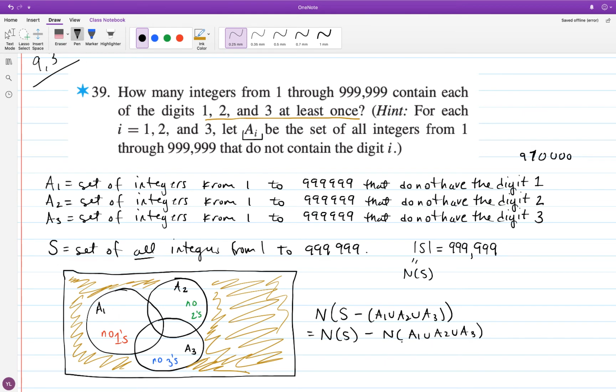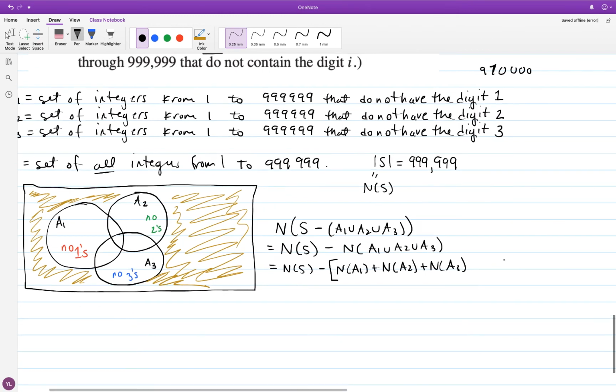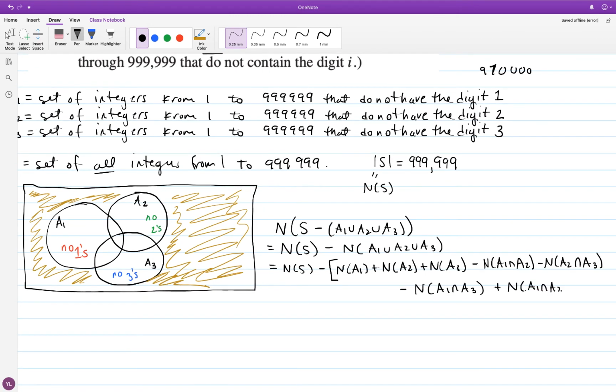And because of the addition rule that we've just developed in this section, I can write this out. Okay, so there you have it. If I can just count each of these individual terms, then I can get the answer to the question. All right, well, we already know N of S. Let's do some of the other counts.